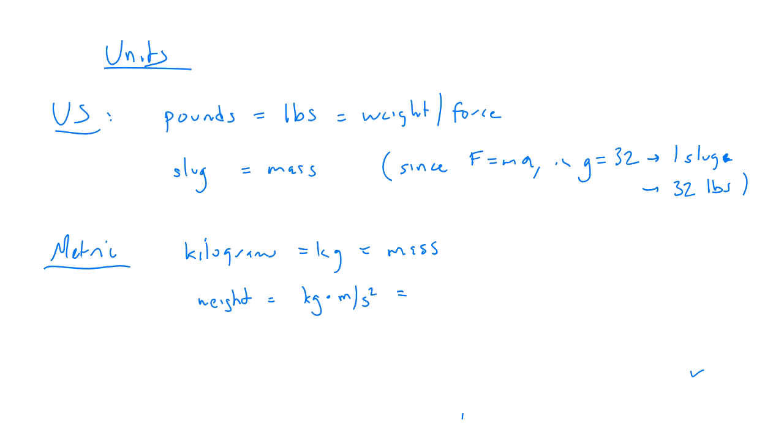But this is a Newton. And while I'm here, I might as well put in, what is gravity in metric? What's the number? 9.81, depending how far you want to go. 9.8 is fine for us.